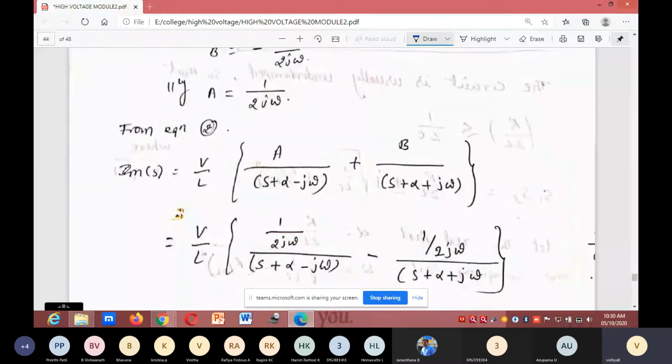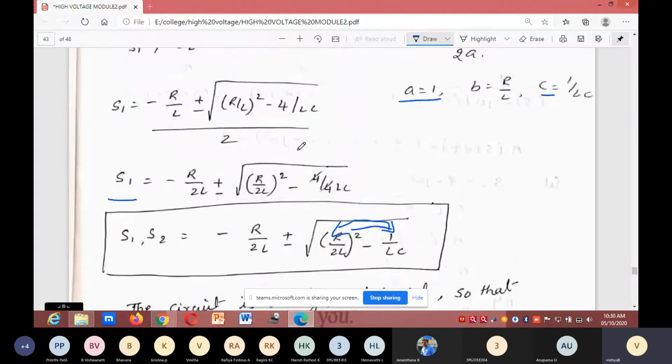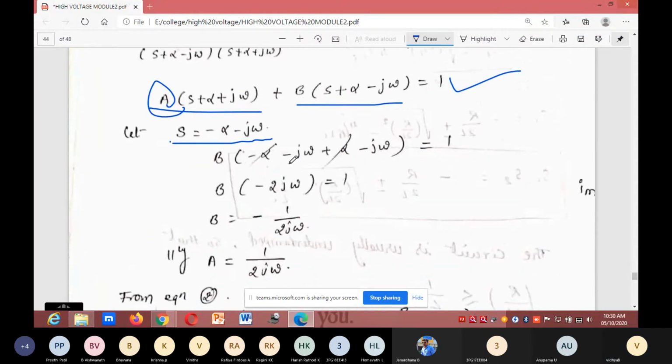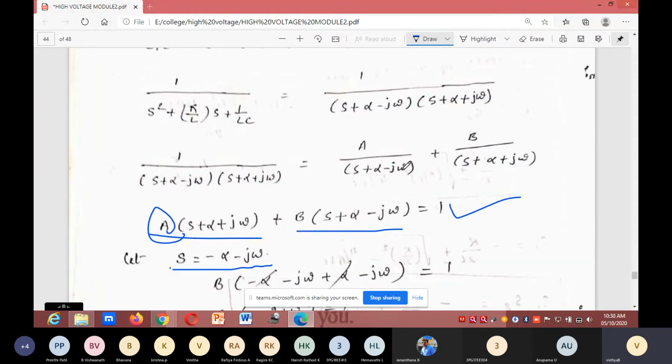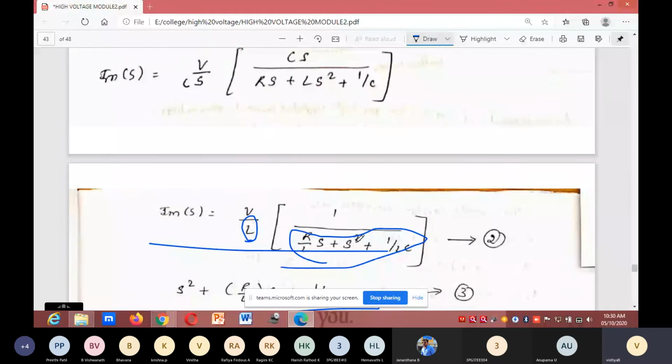Substitute. Okay, Im of s is equal to, what is the Im of s equation? What you got? Im of s is equal to V divided by L, A divided by (s plus alpha minus j omega) plus B divided by (s plus alpha plus j omega). In this equation we got only two roots.